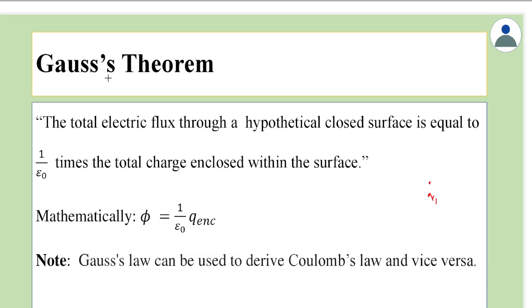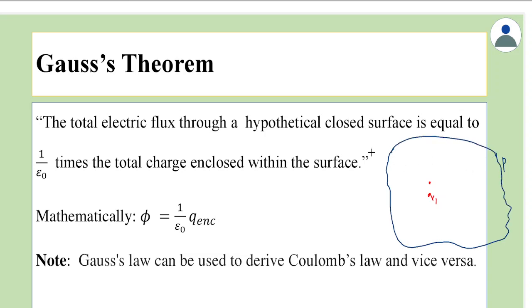Now, if I want to find the field somewhere here at the point P, then if you want to use Gauss theorem, we should draw a closed surface around this charge such that the closed surface passes through the point P also.